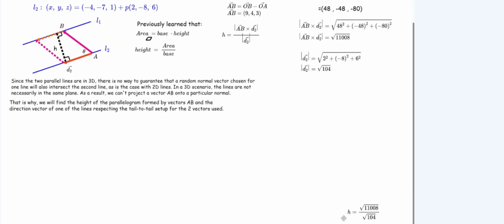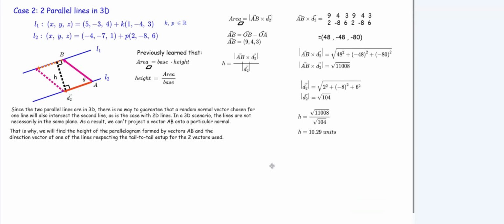And finally, we're going to find the height by dividing the magnitude of the cross product, which is the area, by the magnitude of the base, which is the direction vector 2. And there we go, we have h equals 10.29.